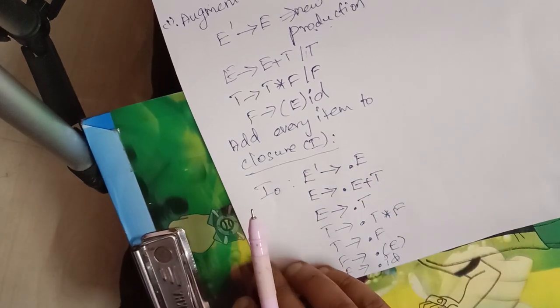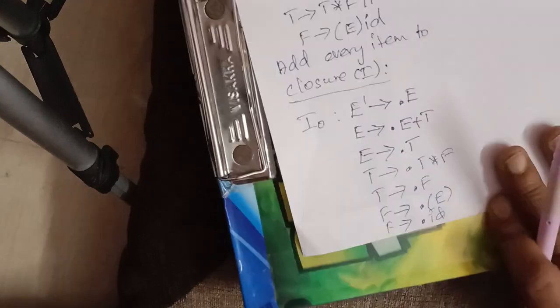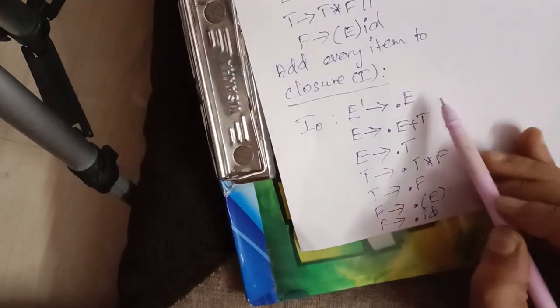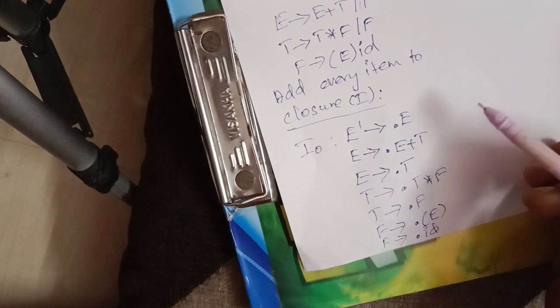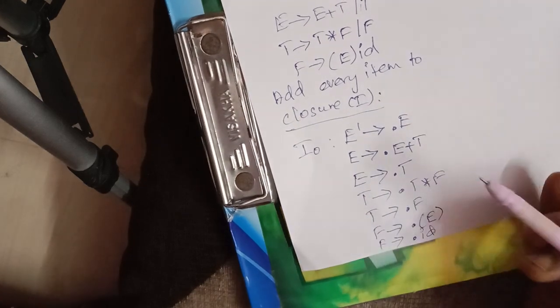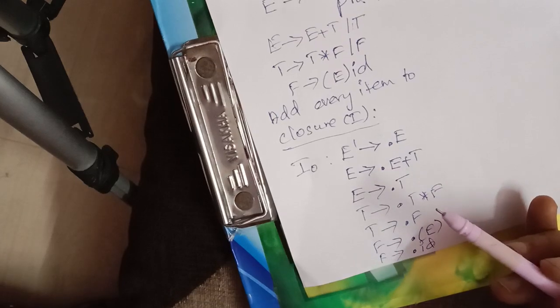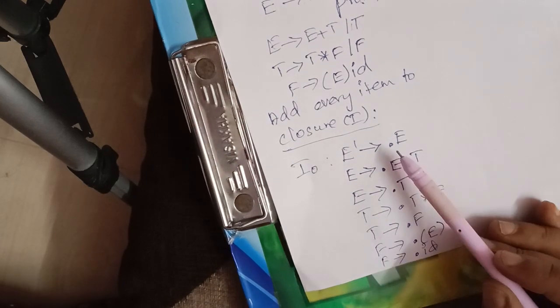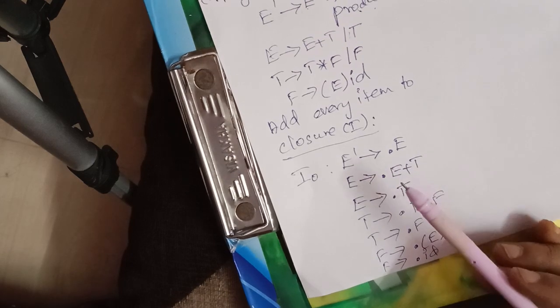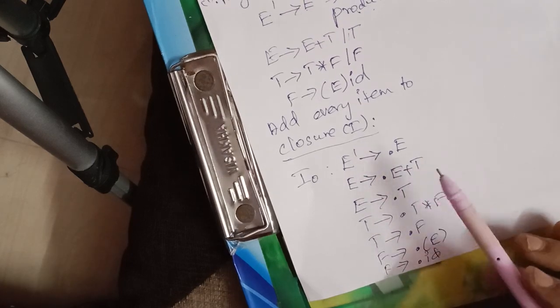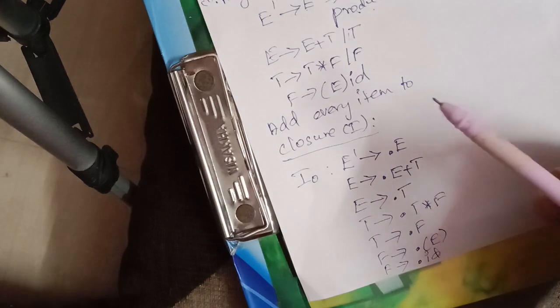Now my objective in doing this problem is that all the dots need to come at the end. As you know, we are doing this for syntax tree analysis in the second phase, where the grammar is analyzed step by step.